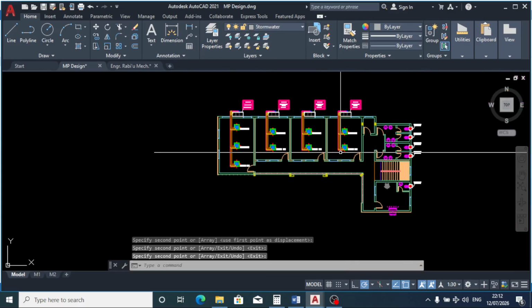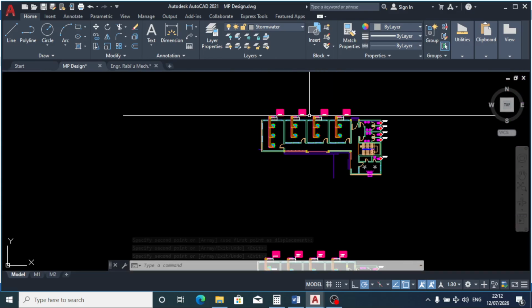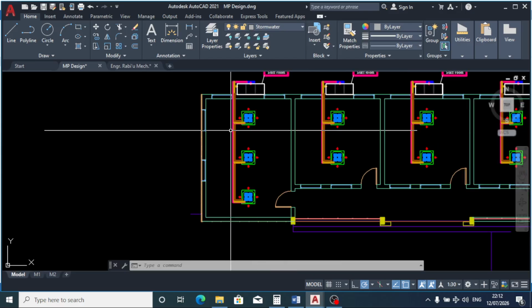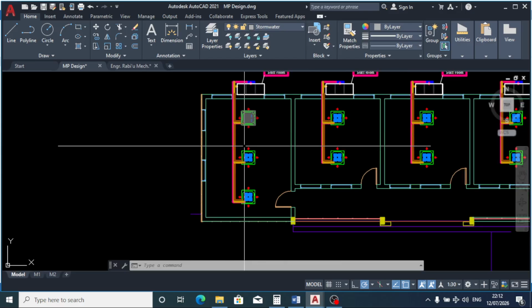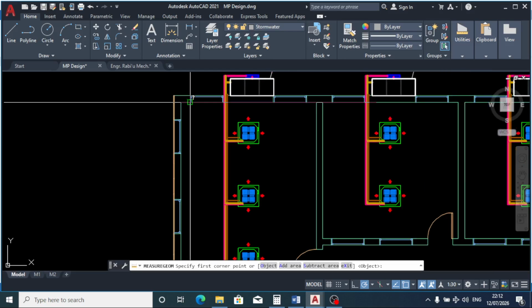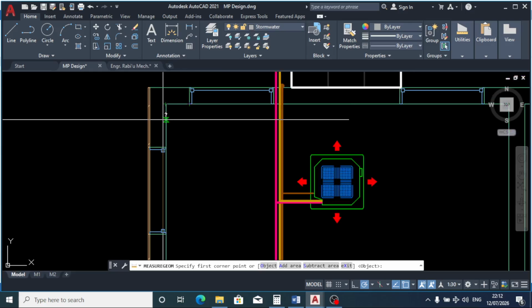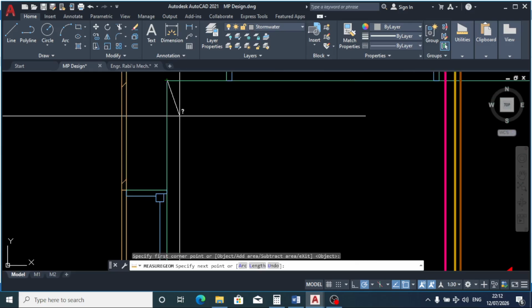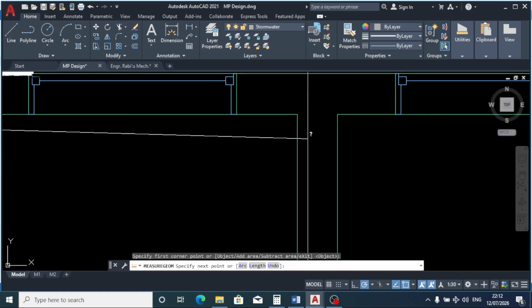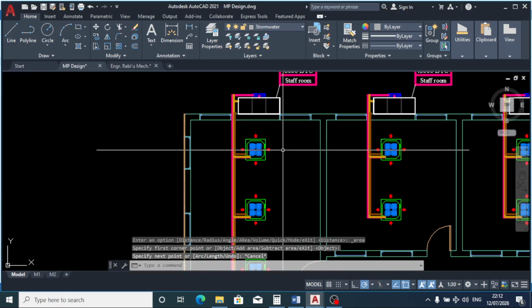Okay, so now let's do the same for this staff room. Let's get the floor area.